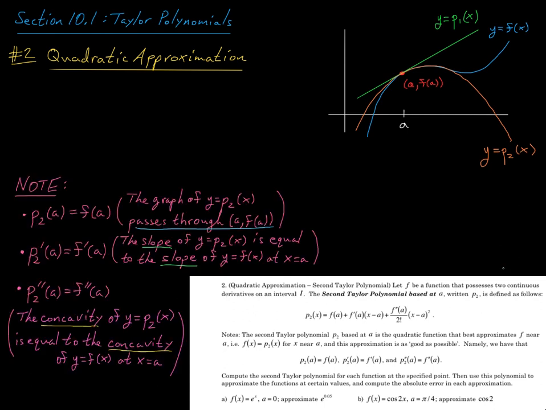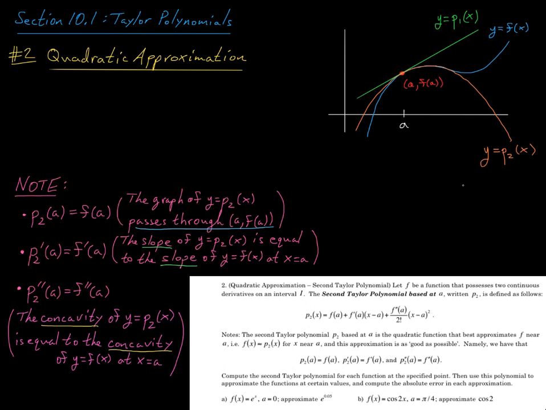Well, again, we want the graph to pass through the point a comma f of a, and so that would imply that p2 of a is equal to f of a. Now, we'd also like the slope of this parabola to equal the slope of the blue curve at this point in red. So in other words, p2 prime of a should equal f prime of a.